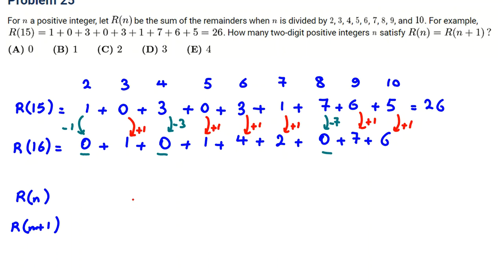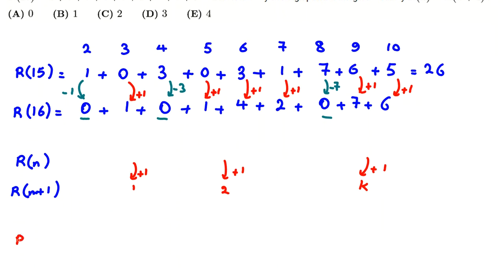For example, suppose we have plus 1 here, plus 1 here, plus 1 here. Suppose the number of them is k. And we want to see what happens for R(n+1) minus R(n). So we have k plus 1s, and let's see what effect the other parts have.